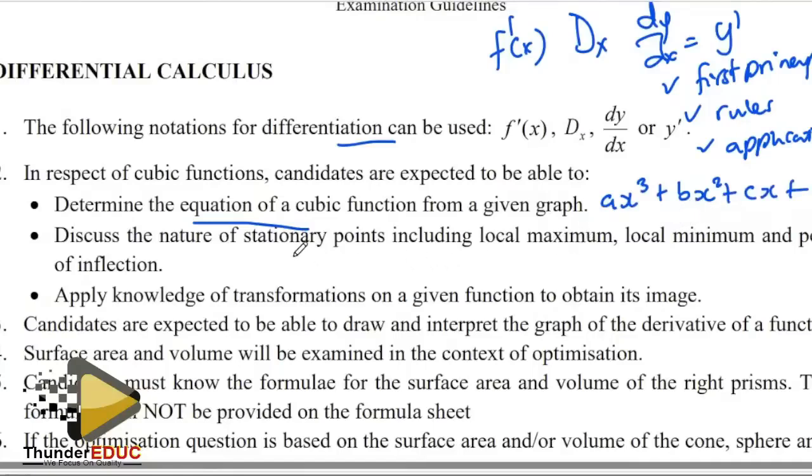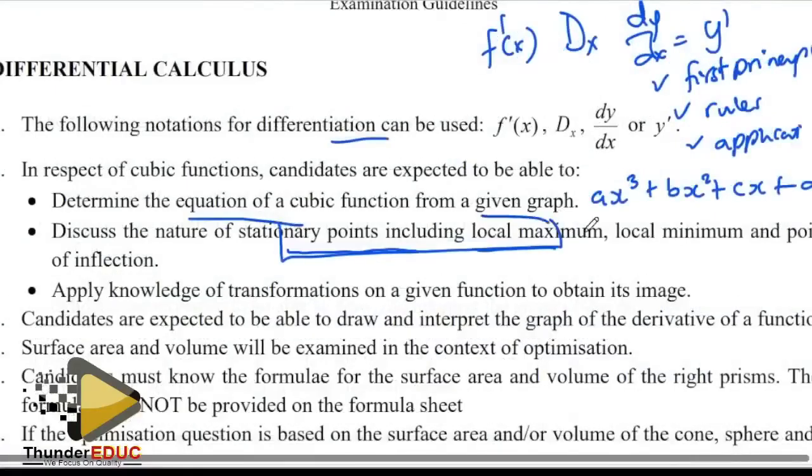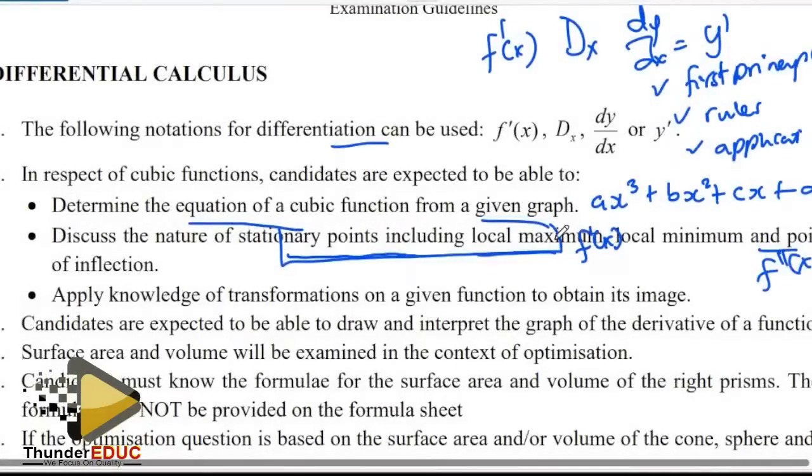Then you need to discuss the nature of the stationary points. So these stationary points are basically the turning points, either the local minimum and the local maximum, and then the points of inflection. So for you to get the stationary points, remember, you need the first derivative. For you to get the points of inflection, you must get the second derivative, or you must get the midpoint of these stationary points.